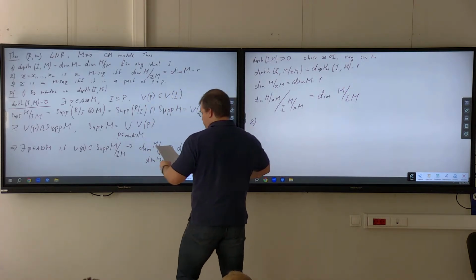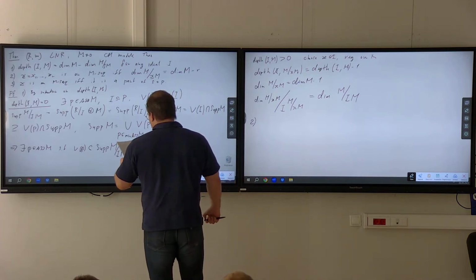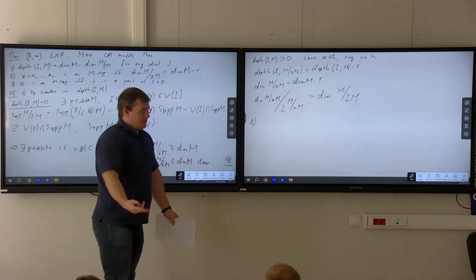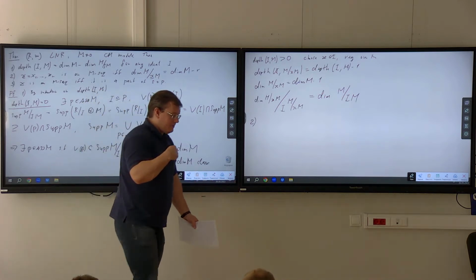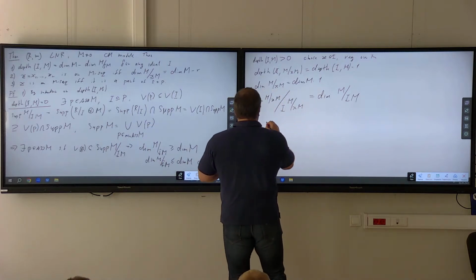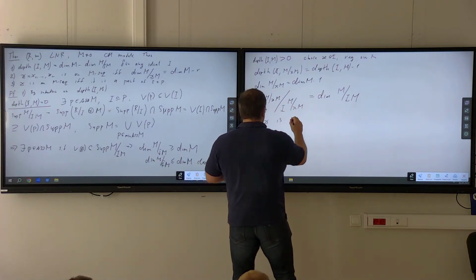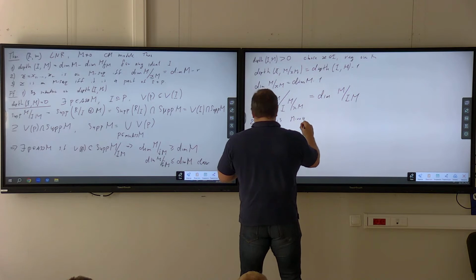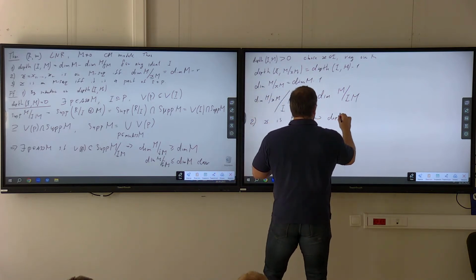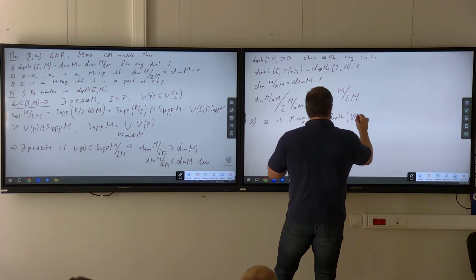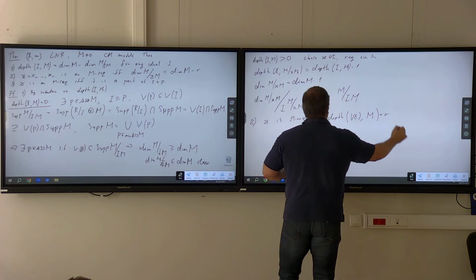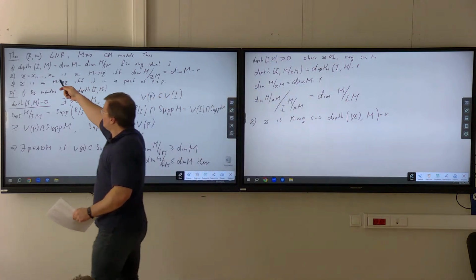Now 2. Okay, so now I use this last statement from the first chapter: the sequence is M-regular if and only if the depth of the ideal generated by this sequence is equal to r, where r is the length of this sequence.